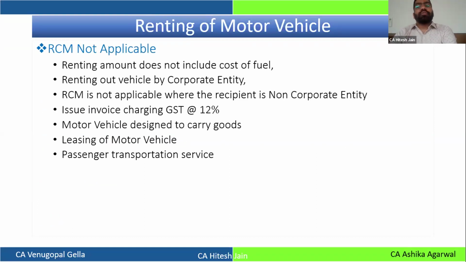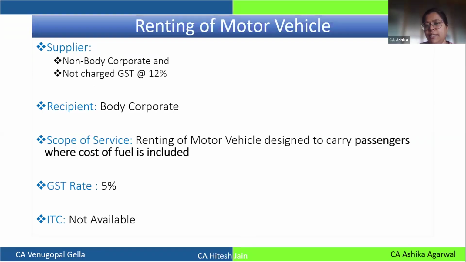Here, I just want to point out, if you see the other service categories which we have discussed under RCM, this is the only category where we said ITC is not available because of being covered under block credit.